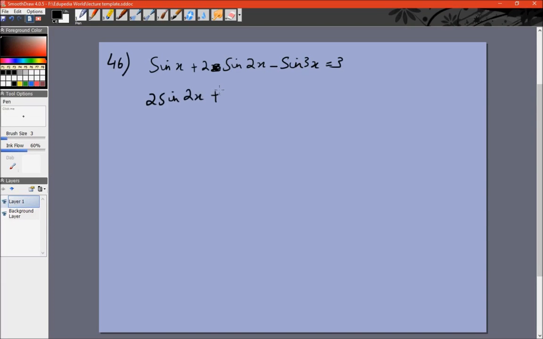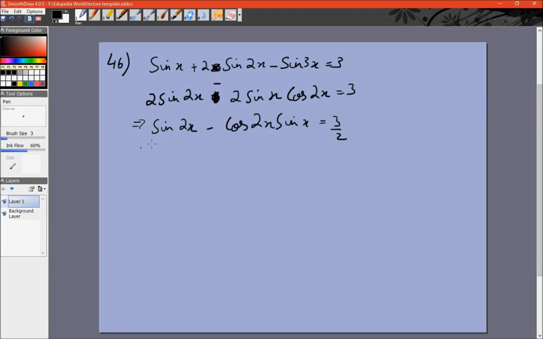That is equal to 2 sin of (c minus d) by 2 cos of (c plus d) by 2. So x minus 3x is minus 2x, by 2 is minus x. So we just put minus 2 sin x, and cos of (c plus d) by 2, that is cos of 2x. And this is equal to 3, which means sin 2x minus cos 2x sin x is equal to 3 by 2.